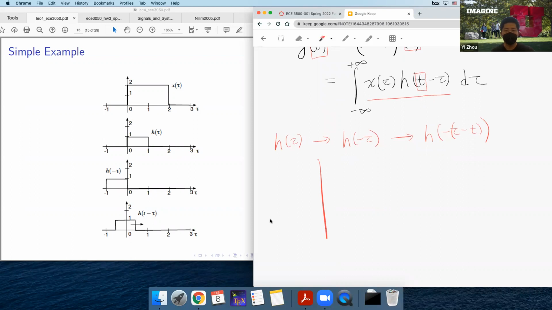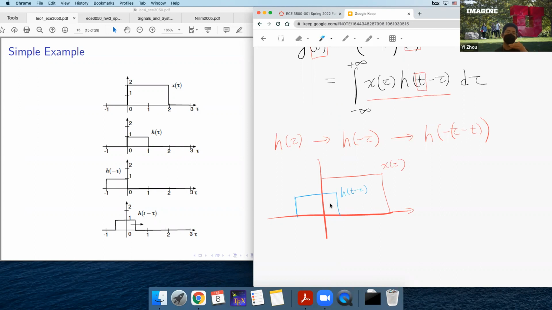So the picture may look like this. We have this x(tau) signal and this h(t minus tau) is something like this.